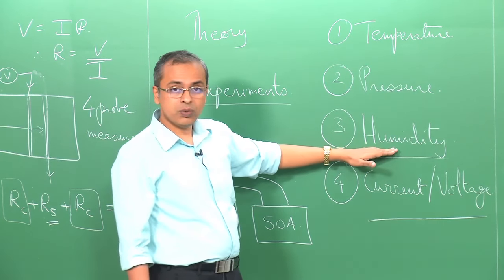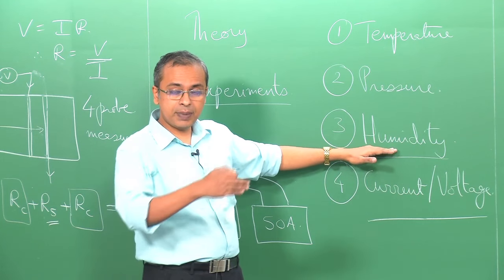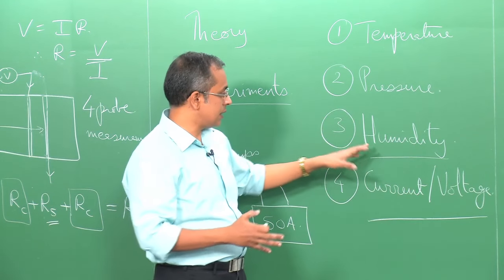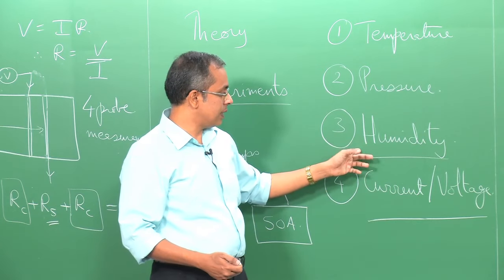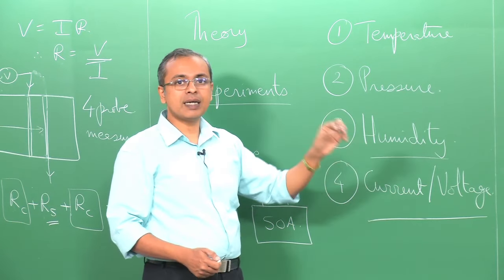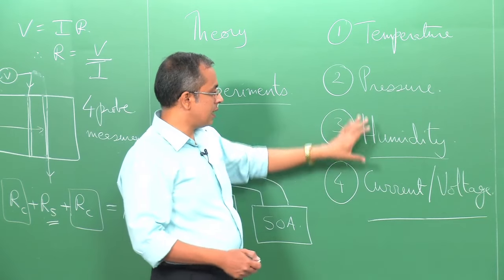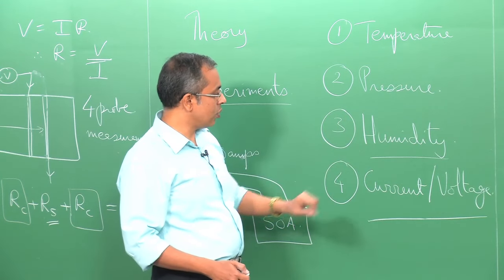The humidity value depends on the actual temperature of the system that is humidifying it, the design of the humidifier, the design of the pathway between the humidifier and the actual experiment, so the humidity value could be wrong.